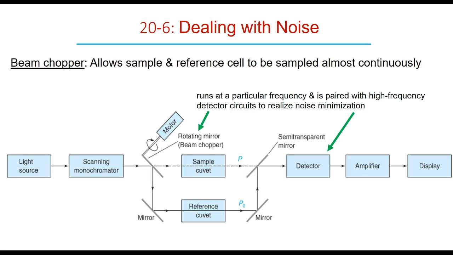Your motor runs at a particular frequency. We are going to just pair it with a high frequency detector. So it doesn't even hear it. It's quite brilliant, actually. So we're going to run the detector. It's going to be sensitive, right, to certain frequencies, like those that would be transmitted from the light source or even emitted from the sample, depending if we're doing an emission or a transmittance type environment.